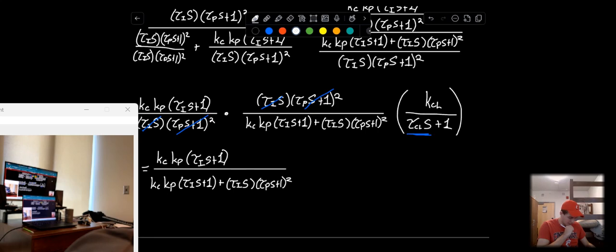Well, we want to pull out. Let's try this. I think I'm going to multiply the top and bottom by 1 over tau_I s plus 1. Does that work? Let's see what that does.